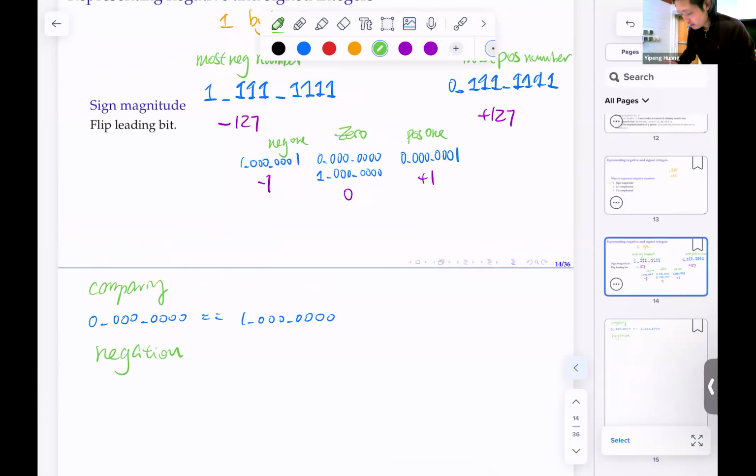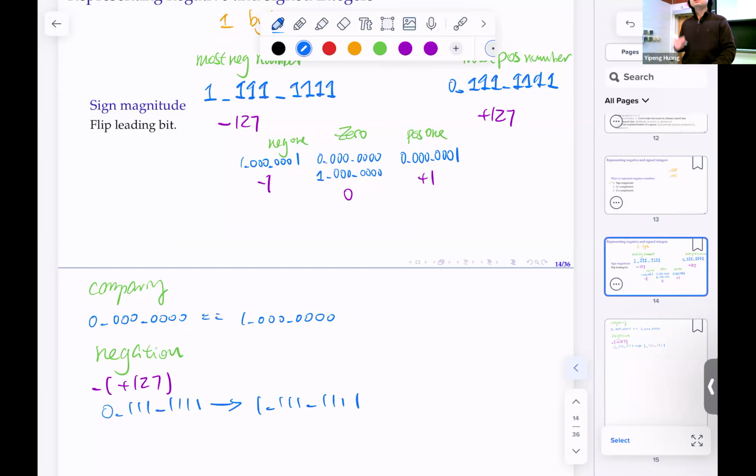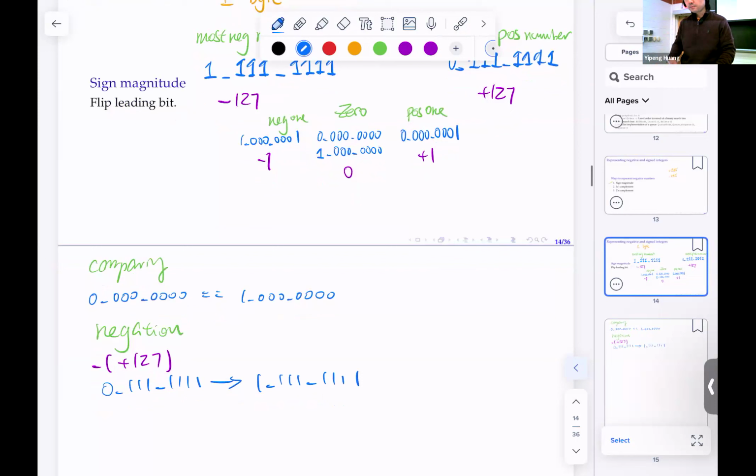If I want to negate positive 127, that is just a matter of taking positive 127 and flipping the first bit. No problem. So negation works pretty well in this system. It's just a matter of flipping the first bit.